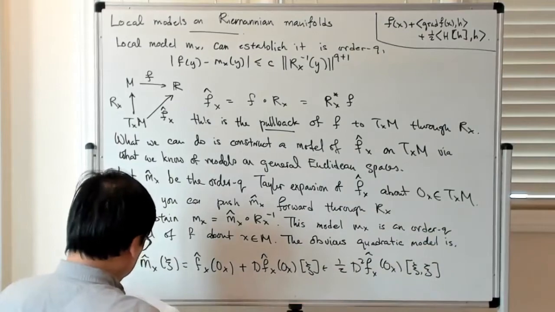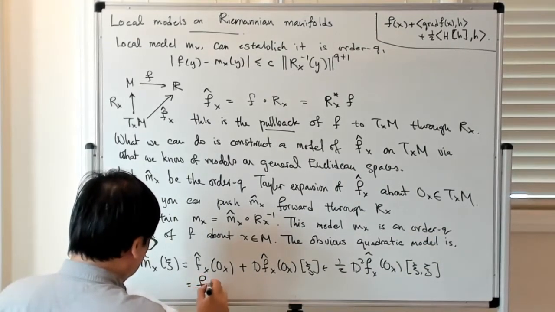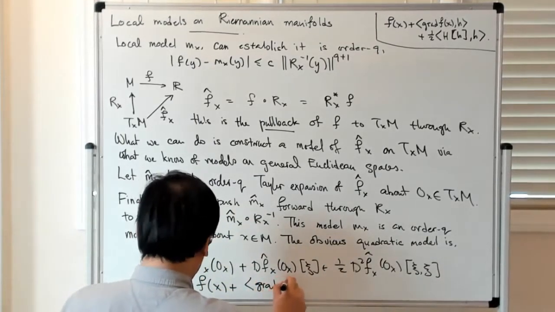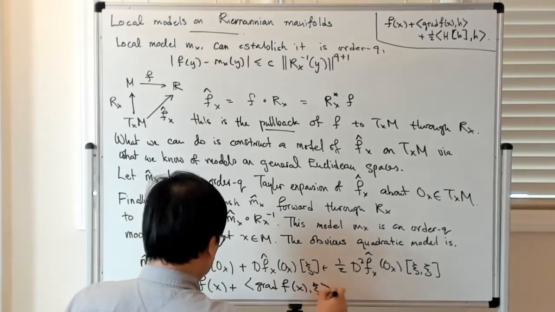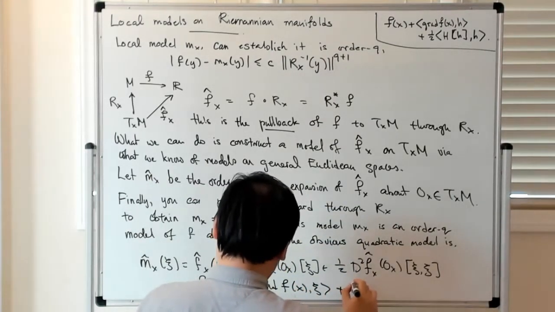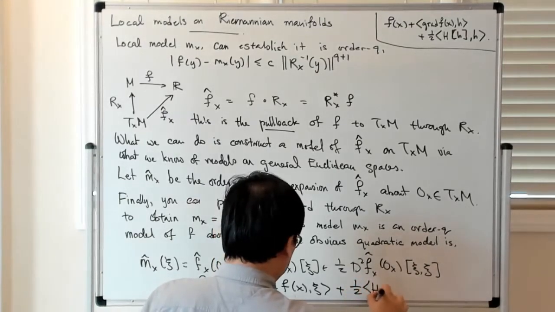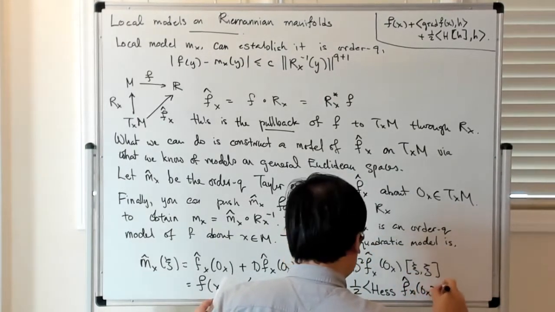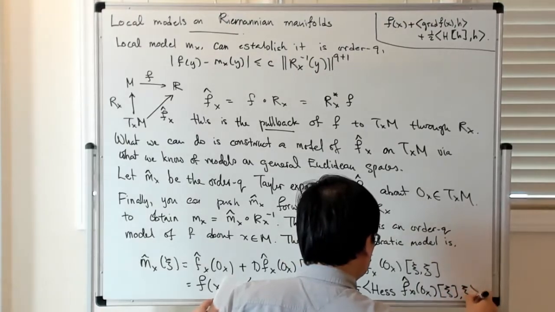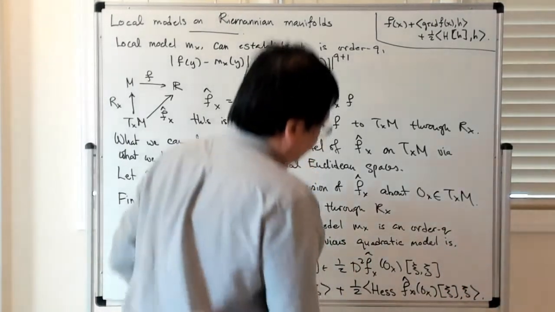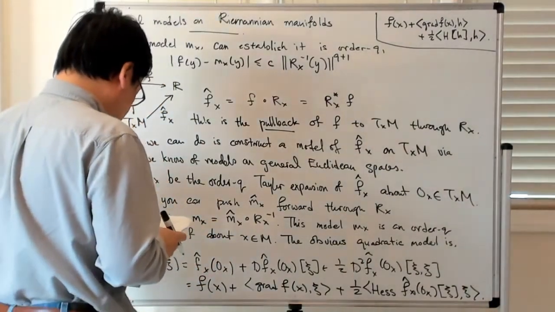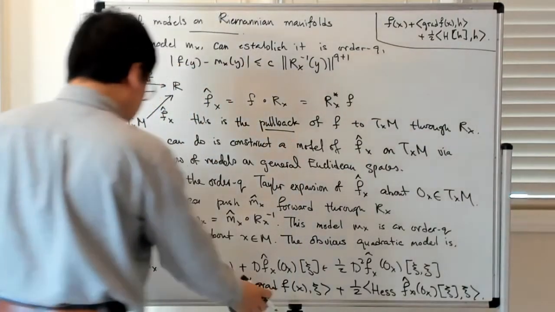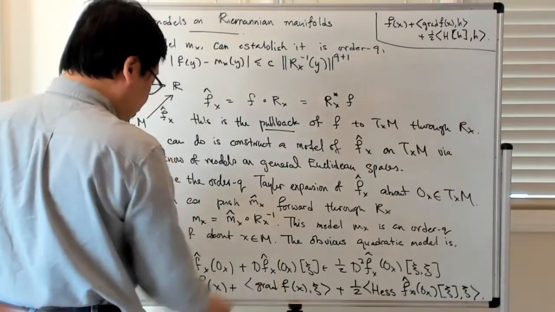This is just a second order Taylor expansion: f of x plus the gradient of f of x plus 1/2 the Hessian of f hat x at 0_x. Here we used some properties of the retraction.